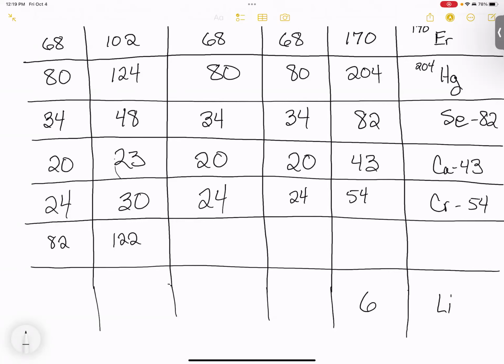The next one, we have 82. What is that? That's the number of protons. So what else is it? The electrons and the atomic number. What else does it tell me? Okay, what else does 82 tell me?